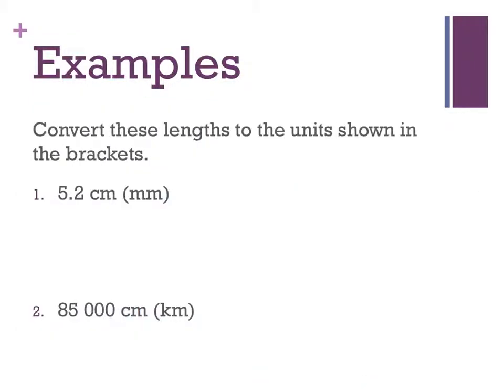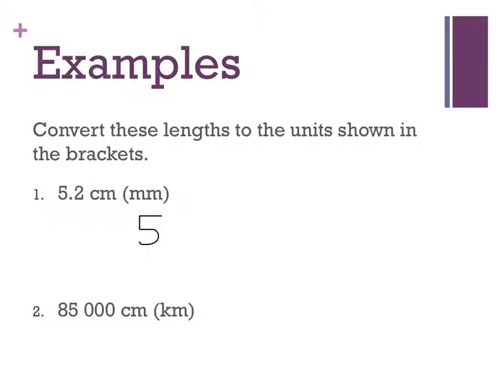Okay, the last thing that you could be asked to do in order to prove that you understand things is to convert the lengths to the units shown in brackets. Now, if you need to go from centimetres to millimetres, you'll need to remember how you multiply. So there's 10 millimetres in a centimetre. If I'm going from a bigger unit to a smaller unit, I need to multiply.